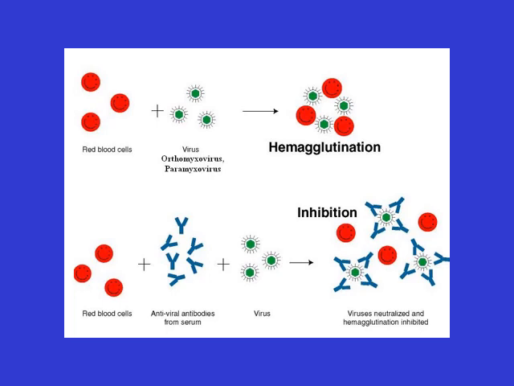While if we add the RBCs plus the virus plus the serum of the patient containing antibody directed against the hemagglutinating antigen on the surface of the virus, there will be inhibition of the hemagglutination. This is the principle of the hemagglutination inhibition test.